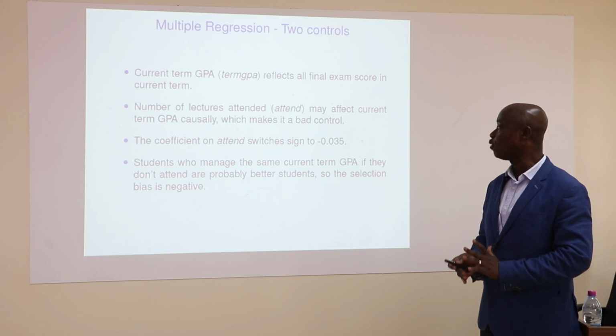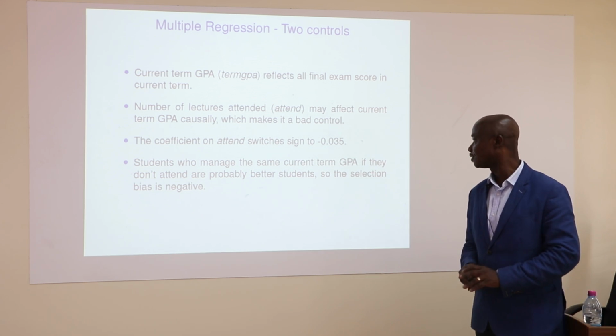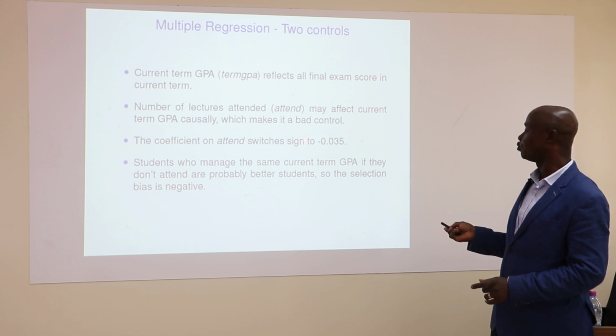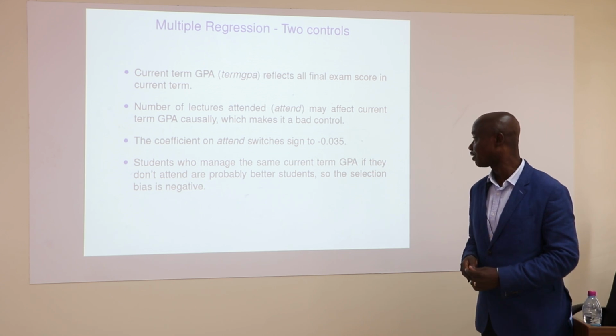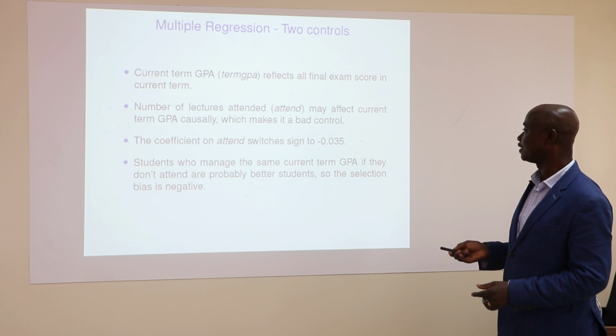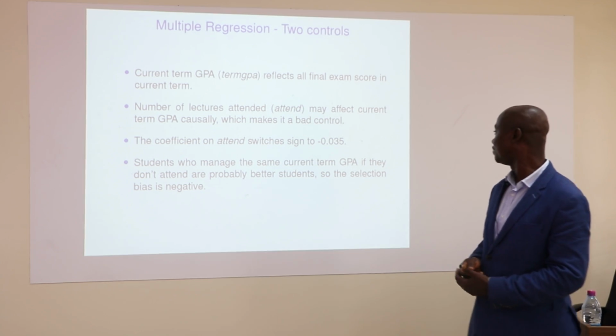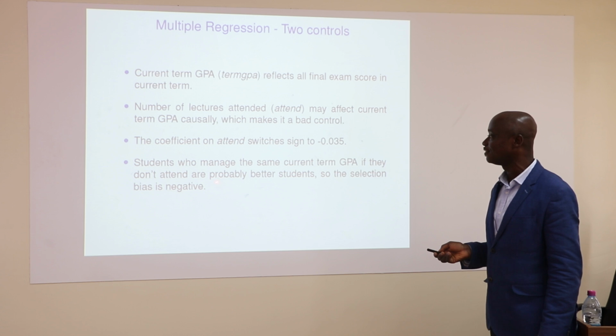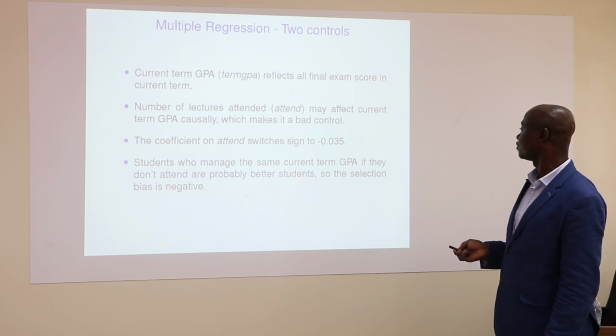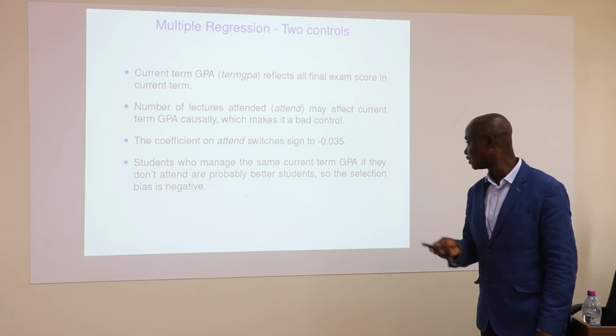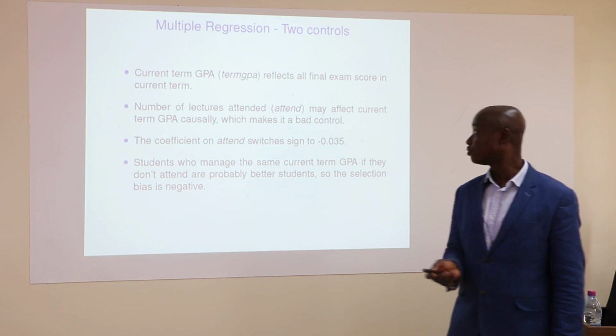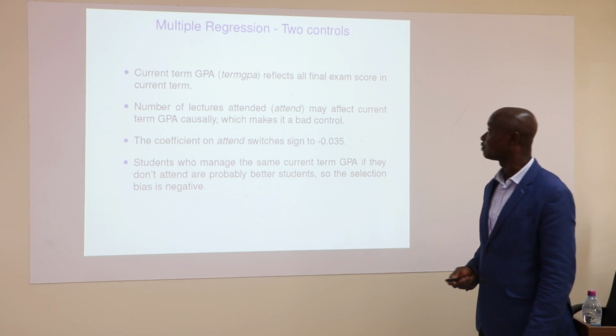And you can see that the coefficient on attendance switches sign to negative 0.035. By implication, students who manage the same current term GPA, if they don't attend, are probably better students. So there is a serious selection bias, which is negative.